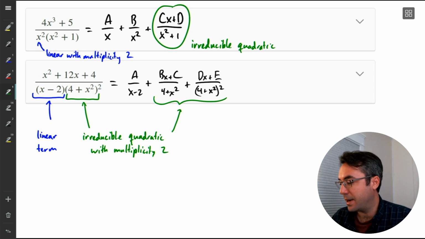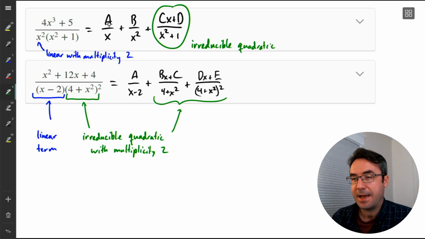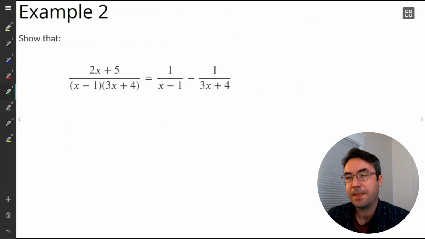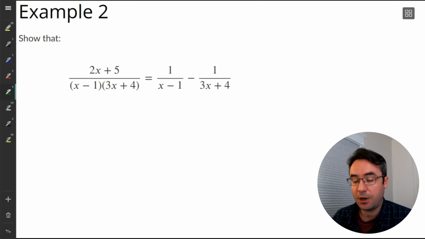Now let's get a little practice actually seeing how to solve for these constants a, b, and if we had more, c and d, and so on. So let's try example 2. And this will just be to show that this rational function here is equal to this partial fraction decomposition.